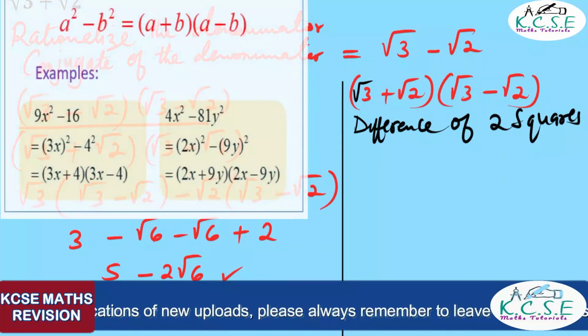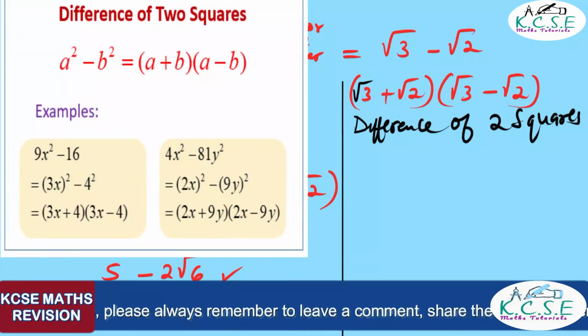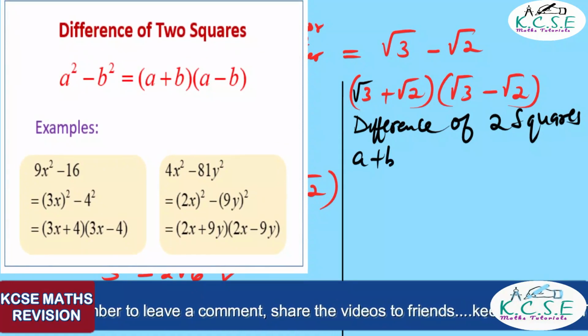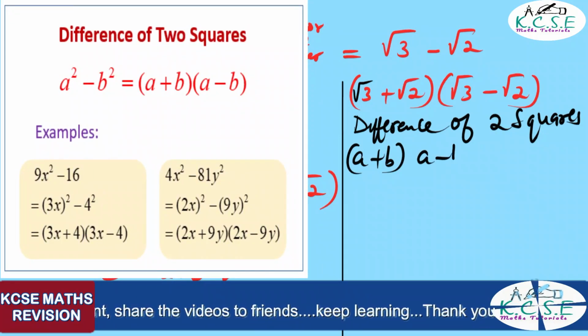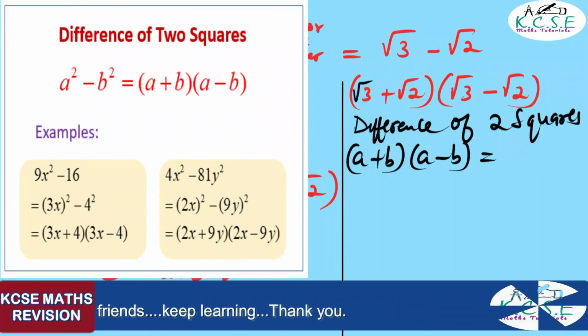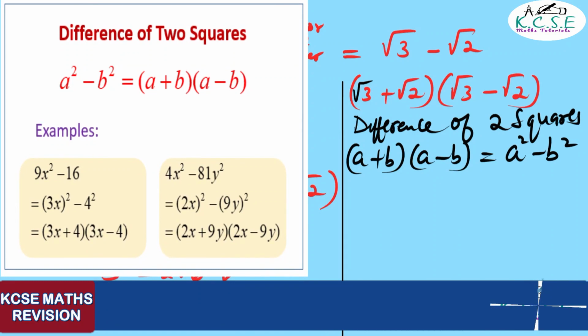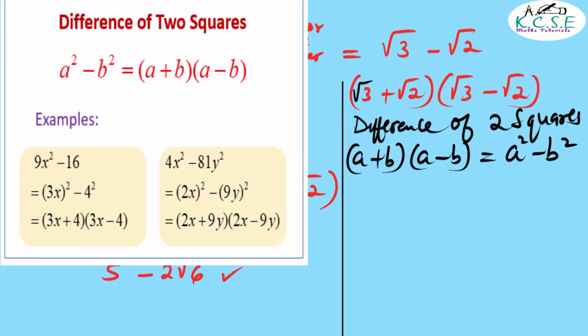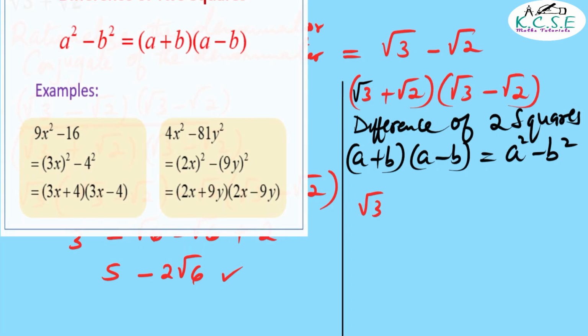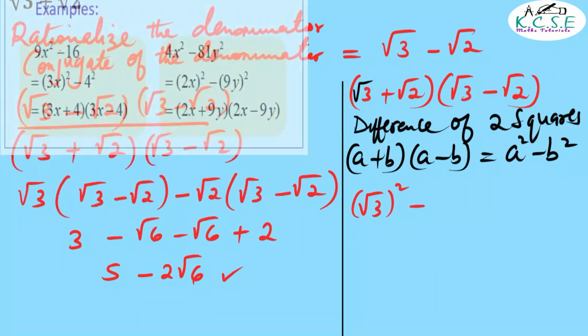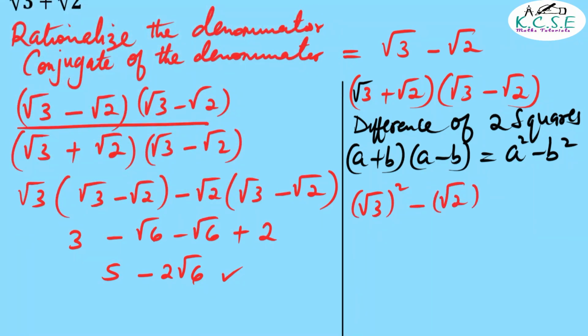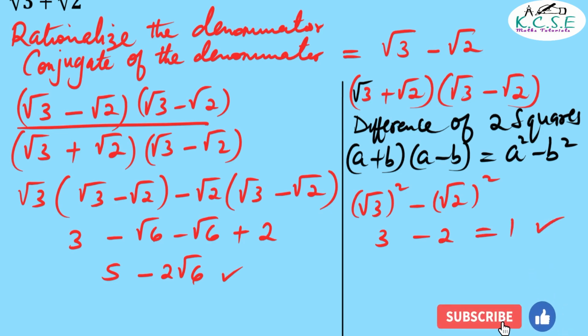Just to remind ourselves, an example of a difference of two squares is a plus b multiplied by a minus b, and when you expand it, you get a squared minus b squared. So in this case, we get root 3 squared minus root 2 squared, which is 3 minus 2, and this gives 1, the solution for the denominator.